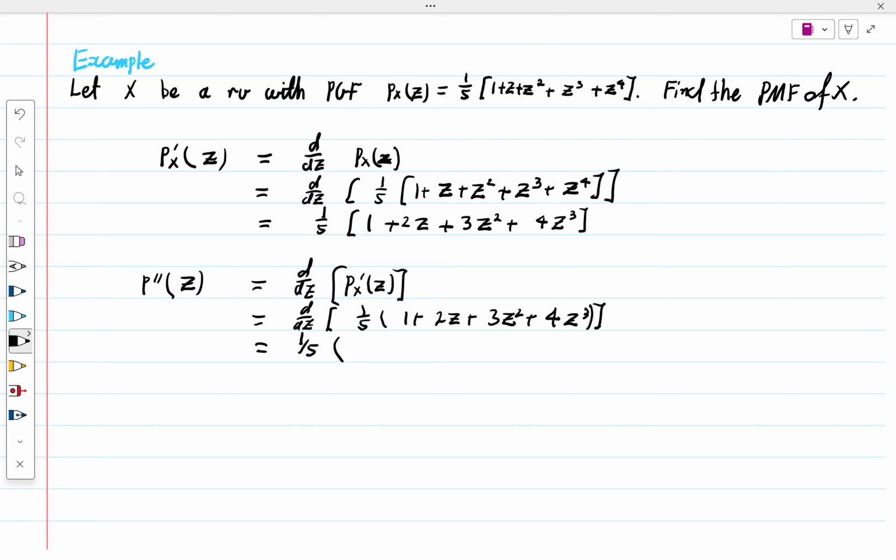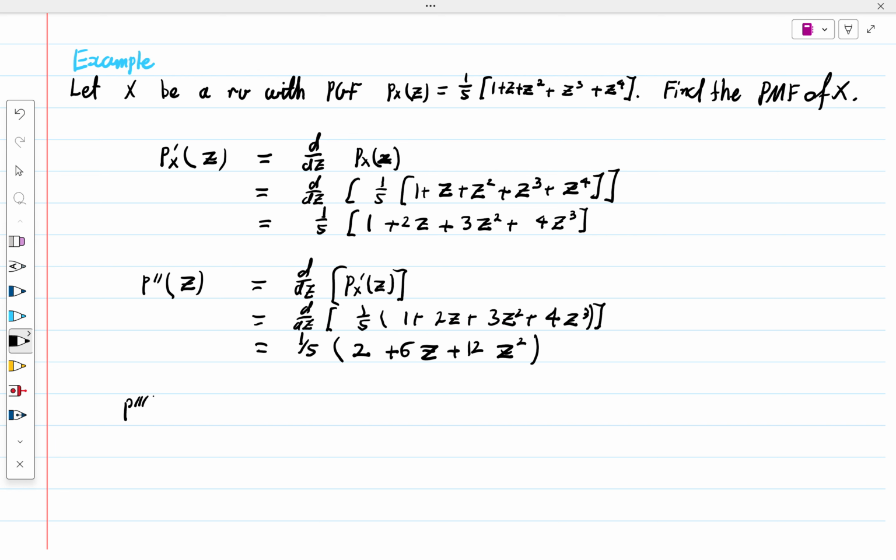The derivative of 2z becomes 2. The derivative of 3z squared: the power comes down the front, so the 2 gets multiplied by the 3 to give you 6, and the z squared becomes z to the power of 1, or simply z. And for 4z cubed, the power 3 comes down the front to give us 3 times 4, or 12, and then one off the power gives us 2 in the power instead of 3.